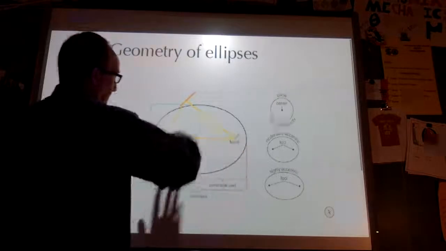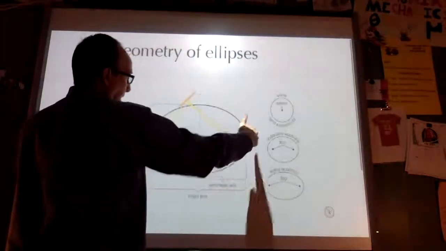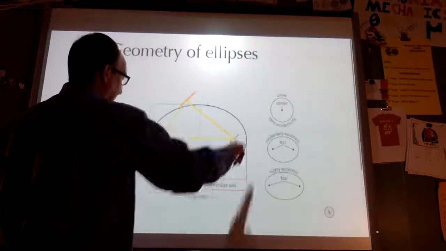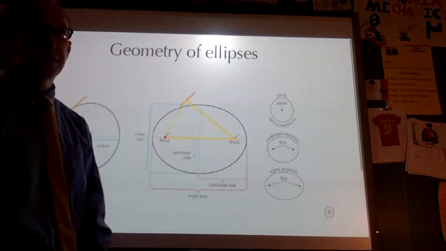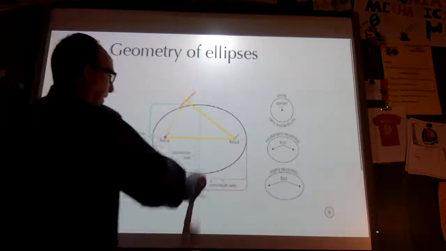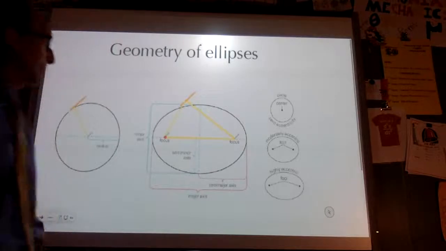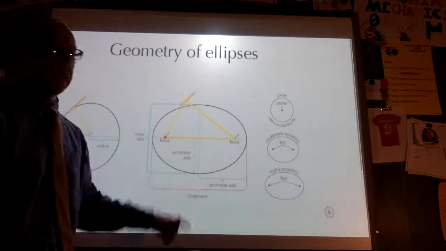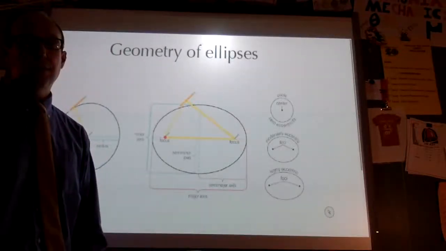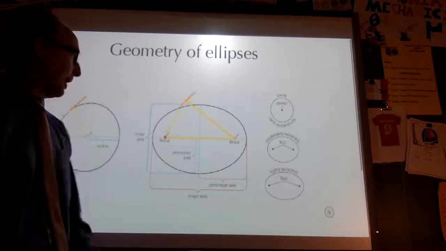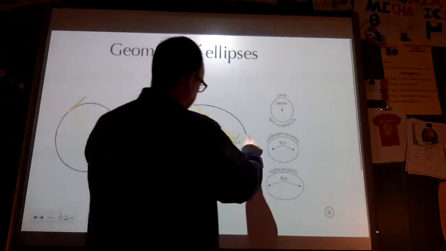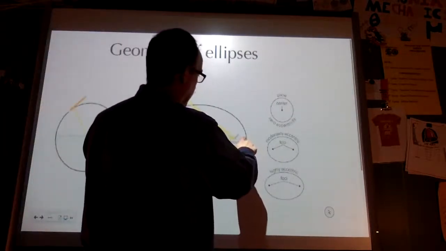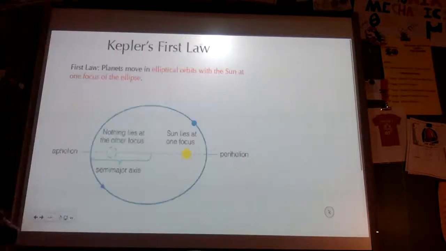The longer axis, so when it's squished down, it gets wide here. The longer axis is the major axis. The shorter axis is the minor axis. If you take half of the major axis, we call that the semi-major axis, which is going to be the distance from the center to there.